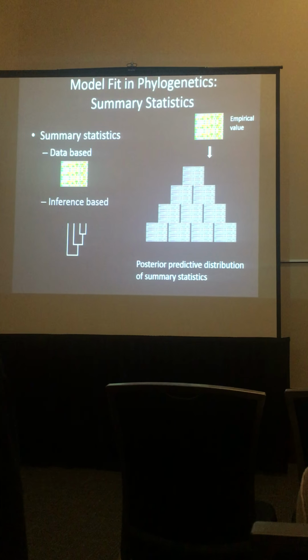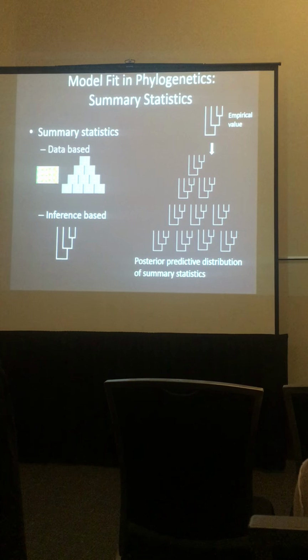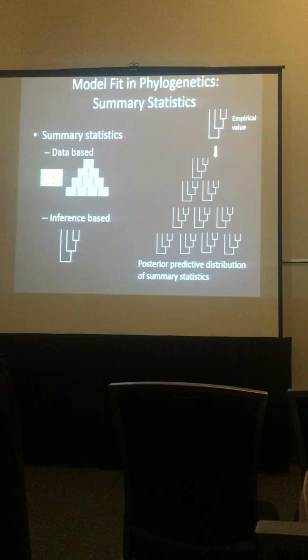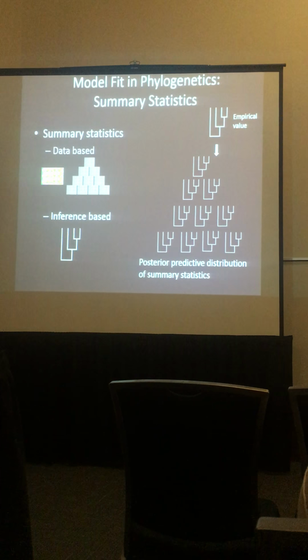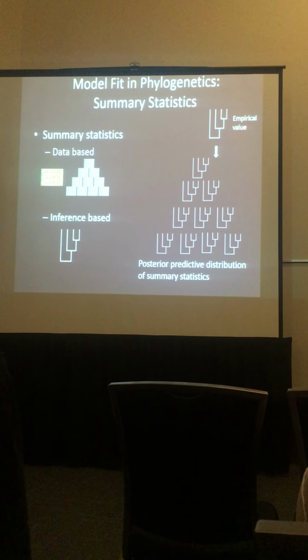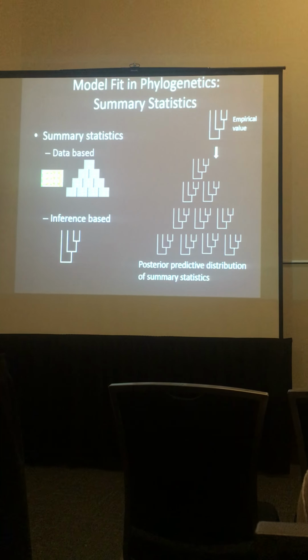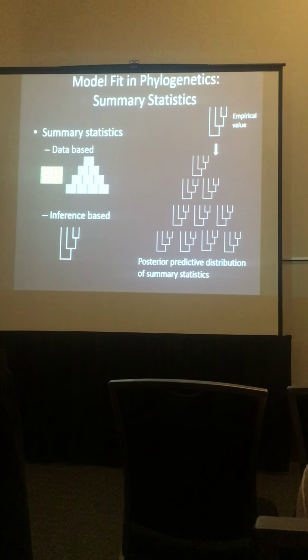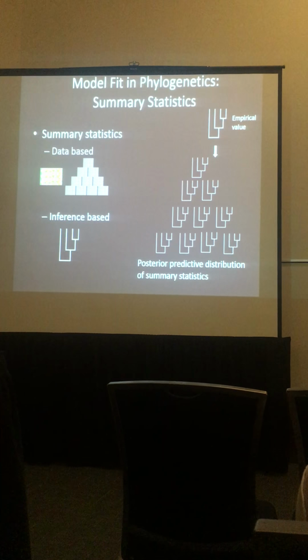The other type is inference-based, and for phylogenetics, that generally is trees. So you're looking at aspects of the tree, like tree-to-tree distance within the posterior, or other things like that, and then comparing all the trees that you've inferred from your expected distribution to your empirical value. And I think I forgot to mention, the expected distribution is also called the posterior predictive distribution.